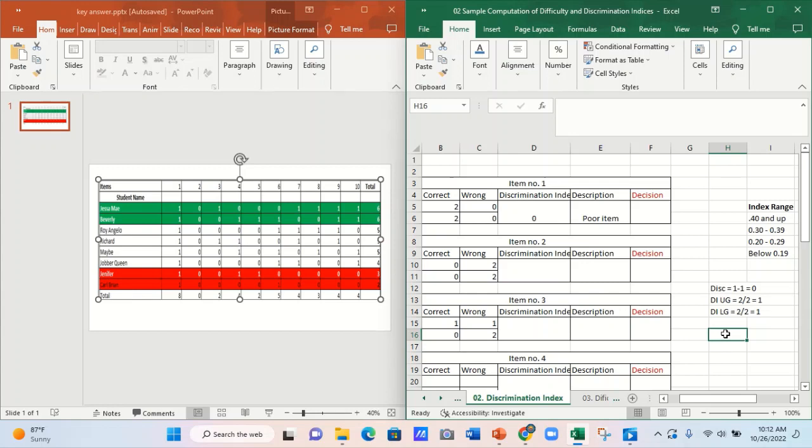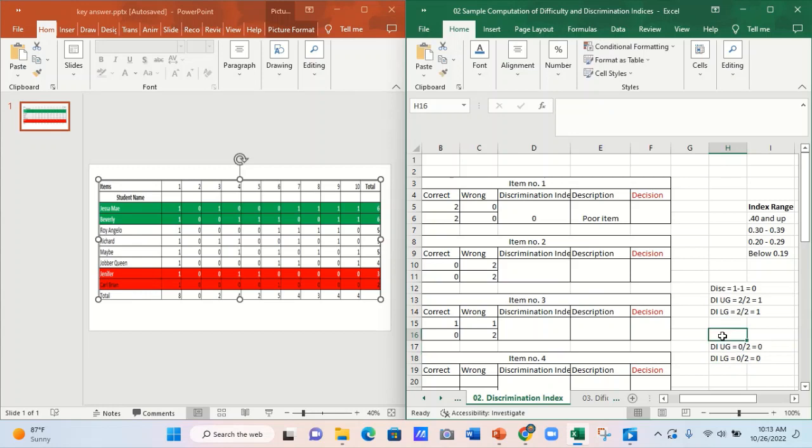Same process will apply for item number 2. Let us start with the upper group. How many got it correct in the upper group? None. So we divide by the total number of members in the upper group. 0 divided by 2 is 0. Then for the lower group, same process. Nobody got it correct, so same solution: 0 divided by 2, also 0.